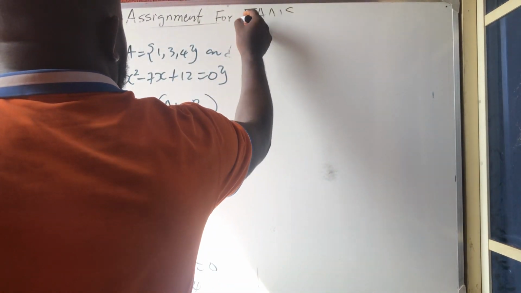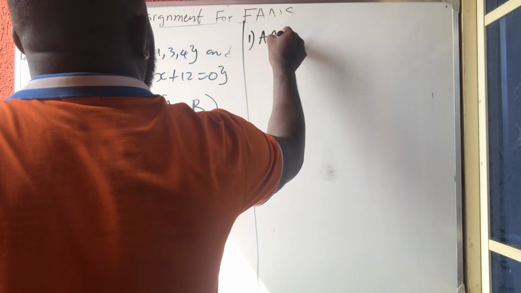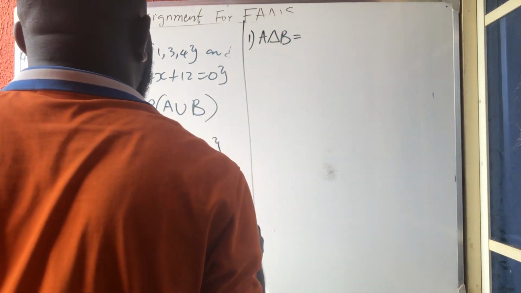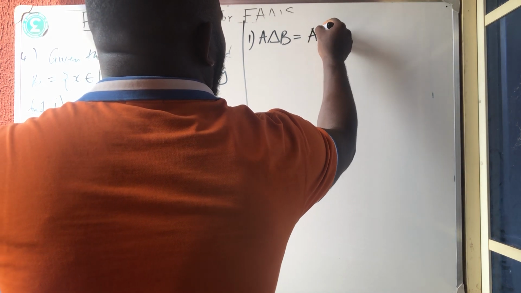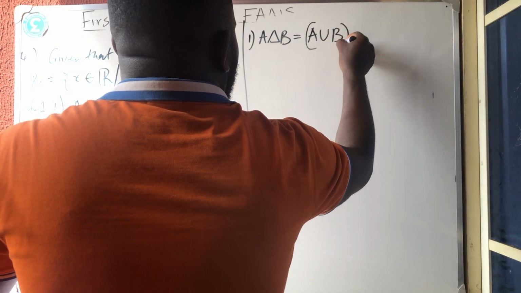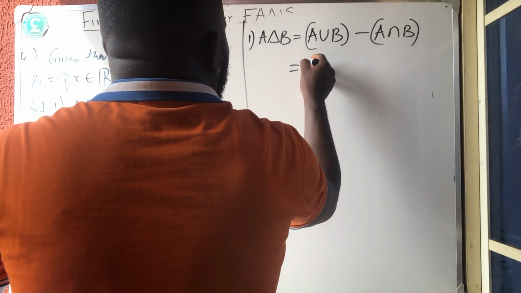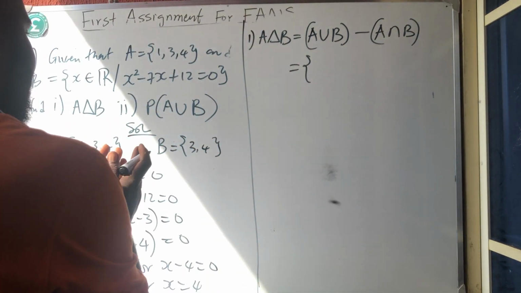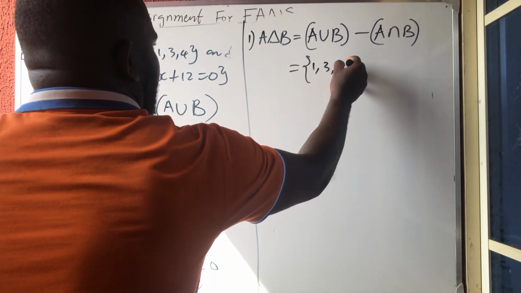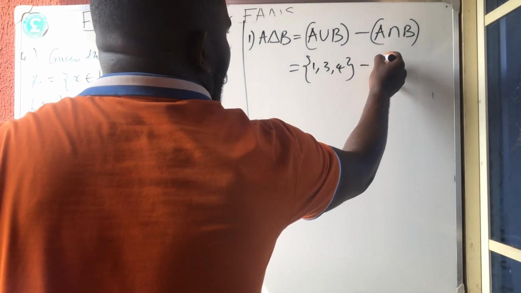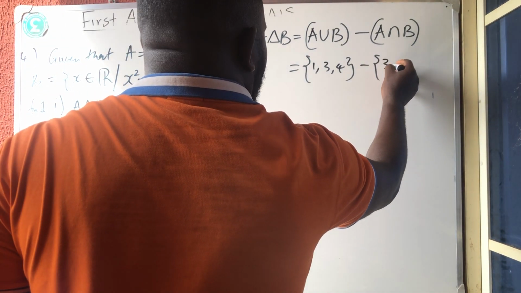Answering the questions now, the first one said A symmetric difference B, and A symmetric difference B means the union minus the intersection, which is A union B minus A intersection B. A union B means we unite them, so I am going to have 1, 3, and 4, minus their intersection, what they have in common, which is 3 and 4.